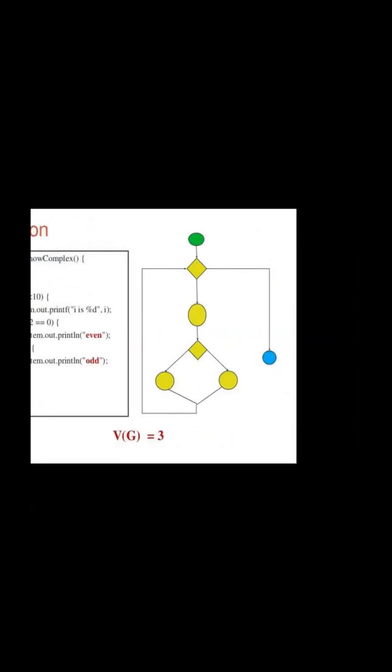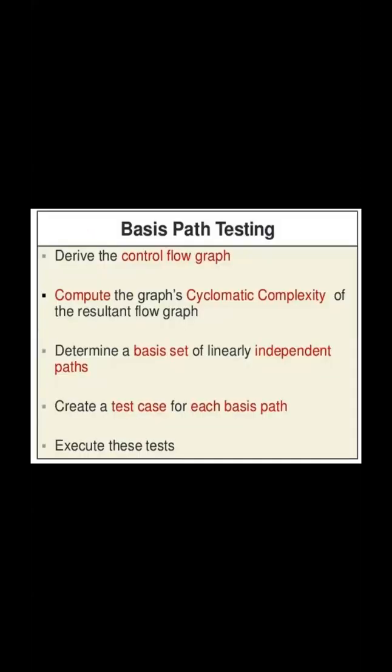So here you need to understand what is path testing and how path testing can be done by creating the flow graph for the given code. Based on path testing, we get a concept called basis path testing. Basis path testing is a white box testing method.